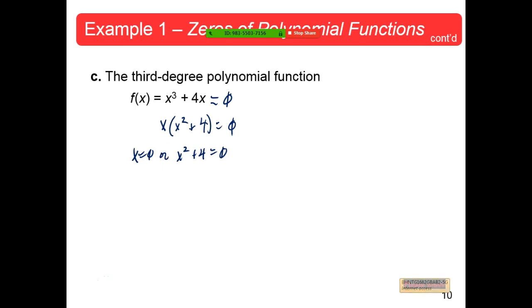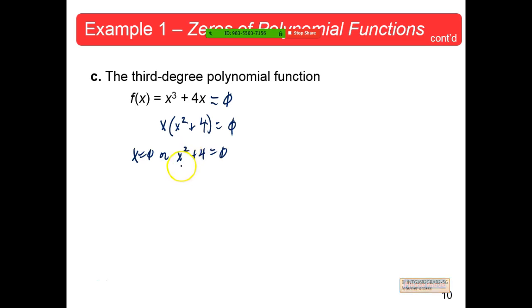Yes, x squared is always a non-negative number. It could be 0, it could be positive, but it's never negative. You add 4 to 0, you get 4. You add 4 to any other positive number, you get something greater. You'll never, ever get 0 with that thing in the real number system.